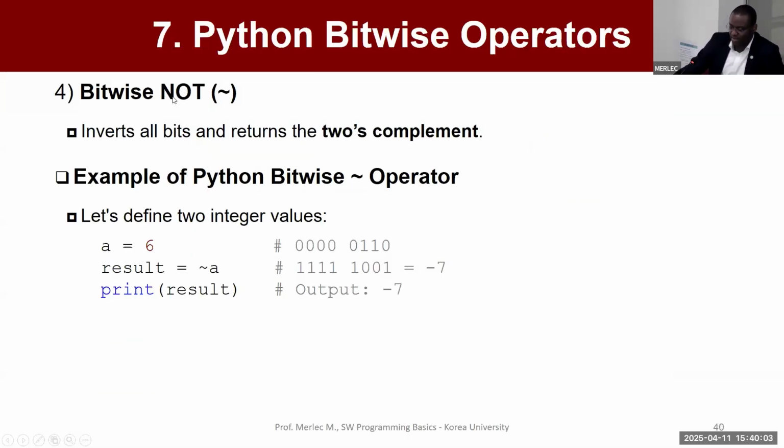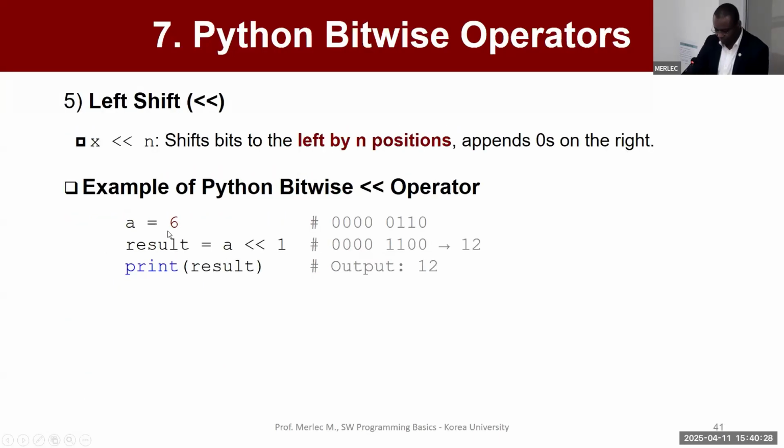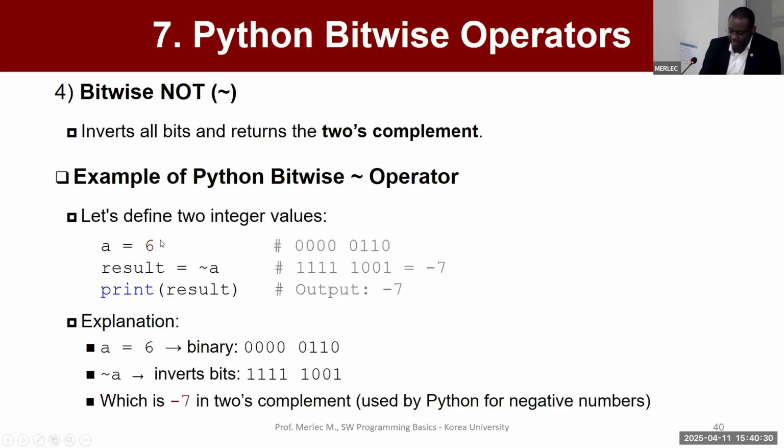The NOT bitwise operator will invert all bits and return the 2's complement. Okay, it's like the same when we do operations in a decimal system. So here, the representation of 6 in binary, as I mentioned, will be 0, 1, 1, 0.